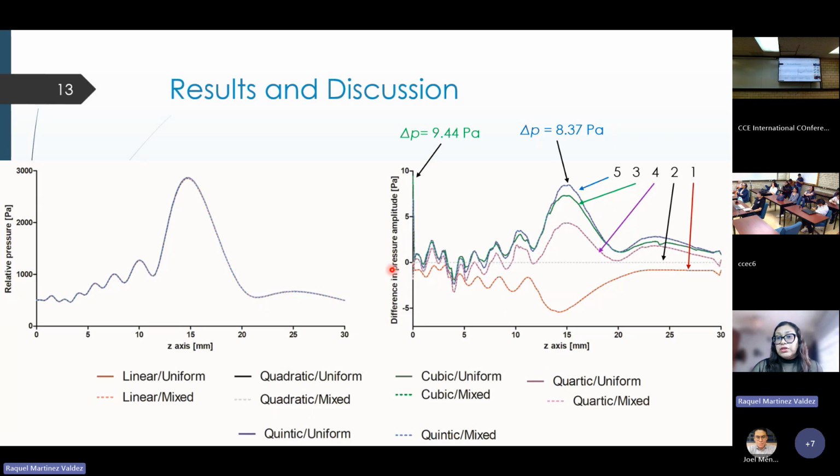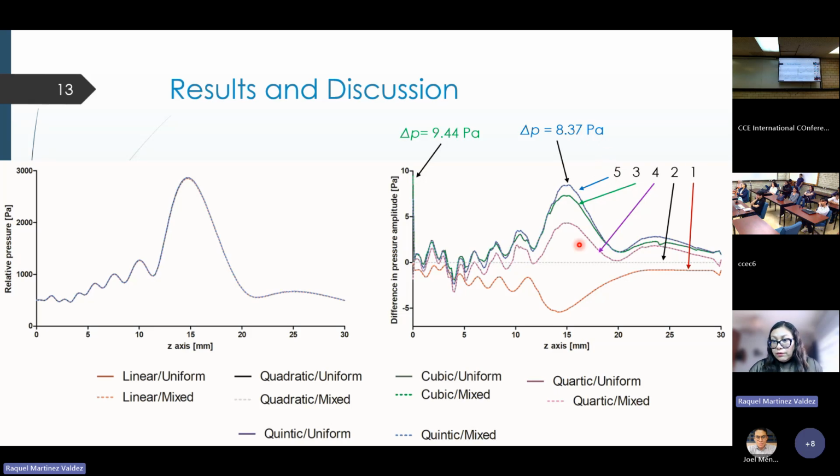So we took the difference in pressure amplitude, taking as reference the quadratic uniform solution, just to amplify and better see the distribution and the differences in pressure along the axis. Here at z equals 0, we have a difference in pressure lower than 10 Pa, and at the focal point, that is 15 millimeters, we have a maximum difference in pressure of 8.37 Pa for the quintic solution.